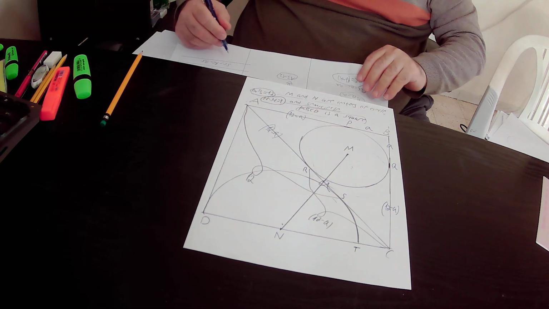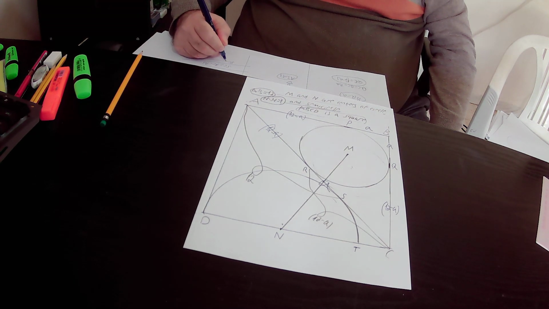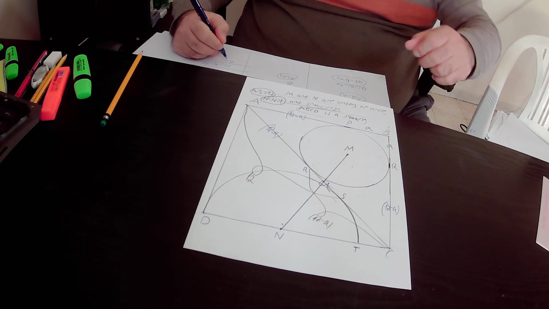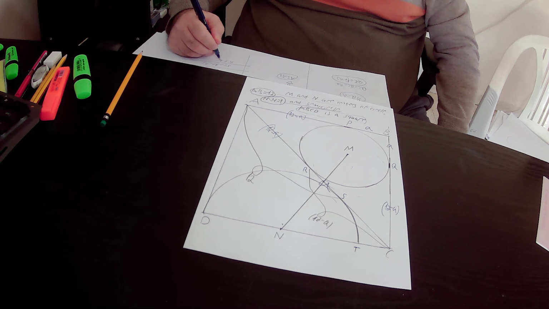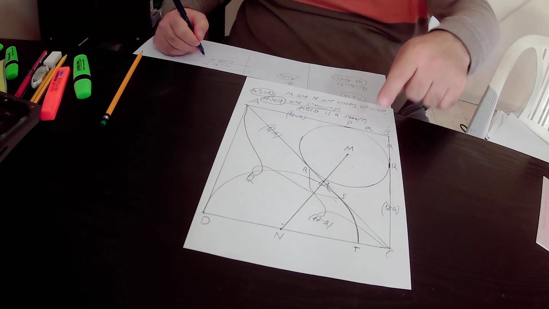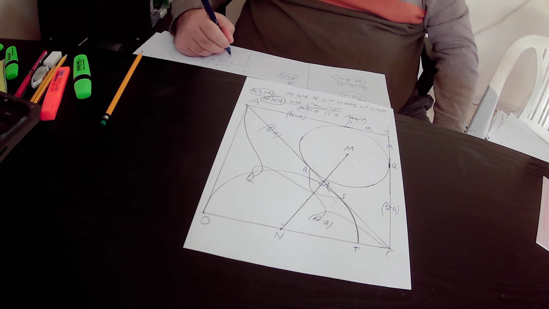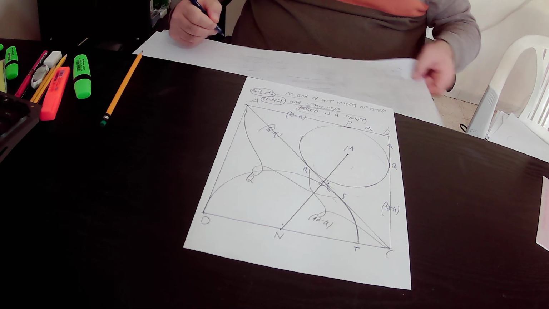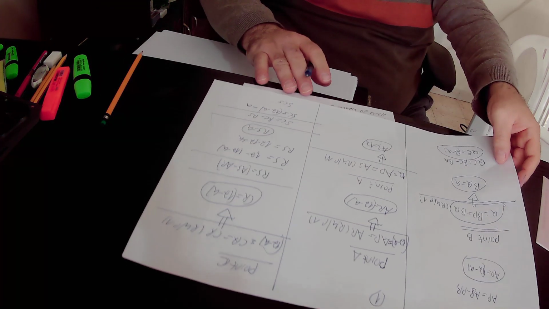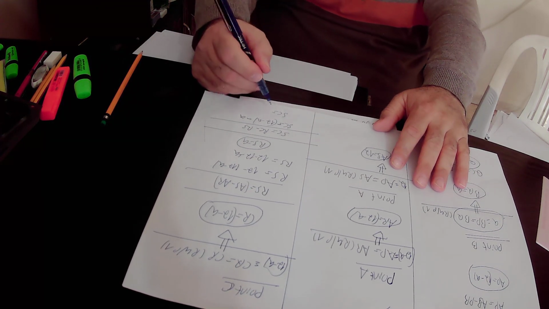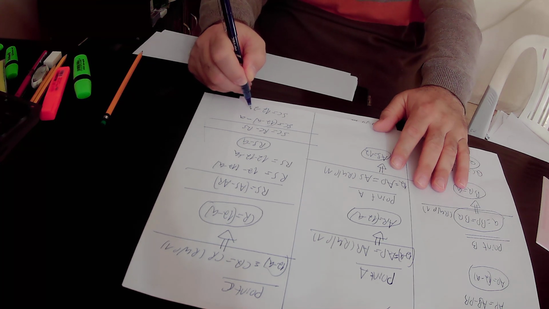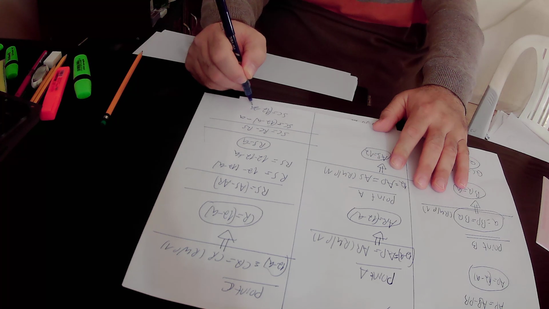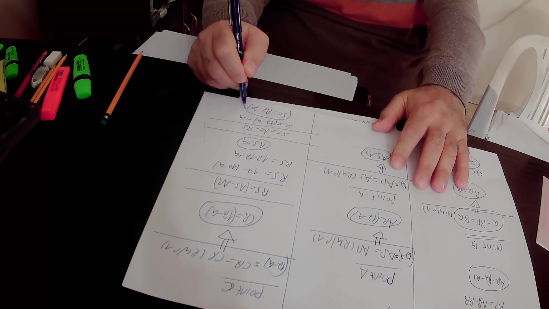So SC is equal to RC, that is 12 minus A, as you can see here, minus RS, that is A. So in conclusion, we found out that SC is equal to 12 minus A minus A, which is 12 minus 2A.